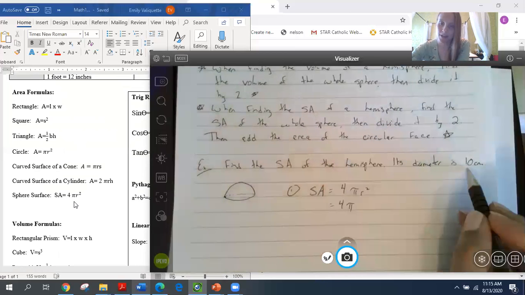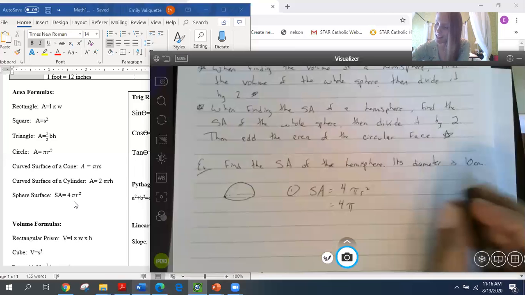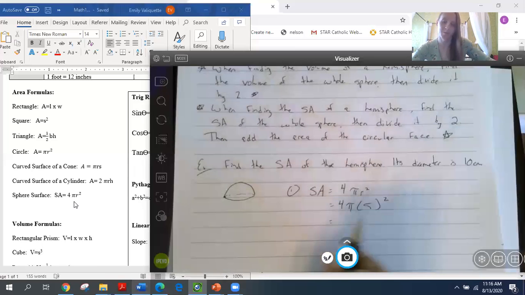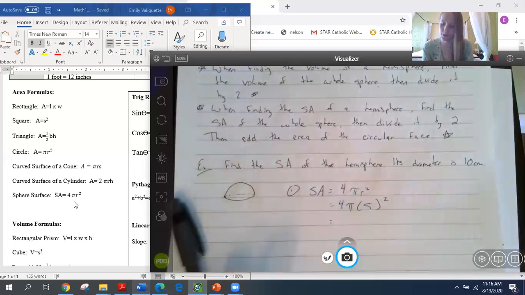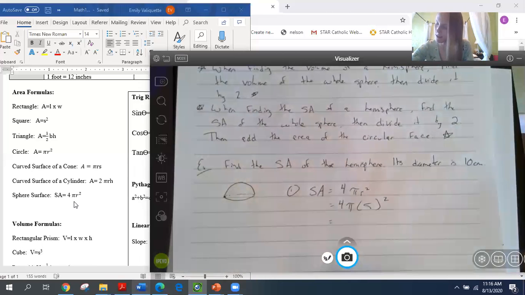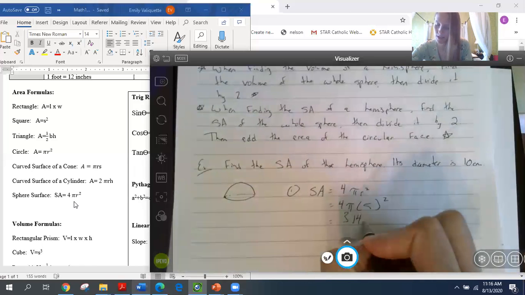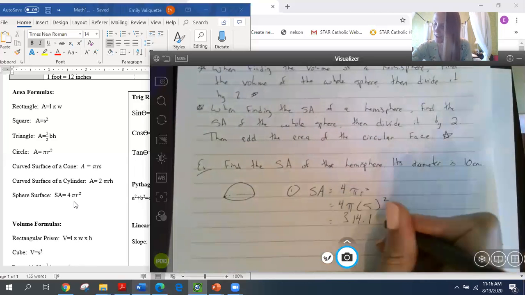Since the diameter is 10, that means the radius is 5. So 4 times pi times 5 squared, which is 25. So pi times 4 times 25 is 314.159.